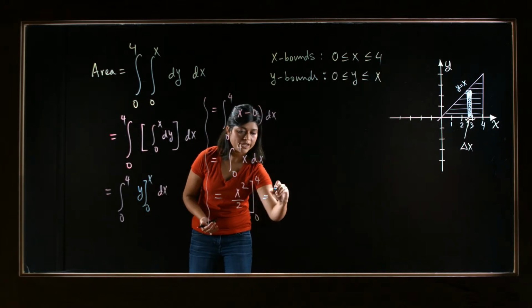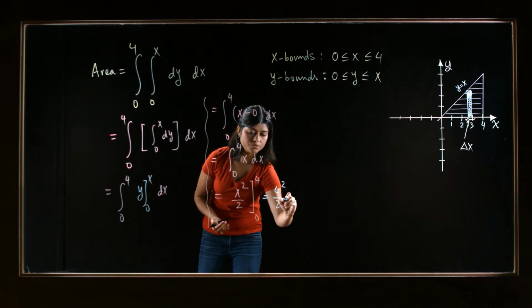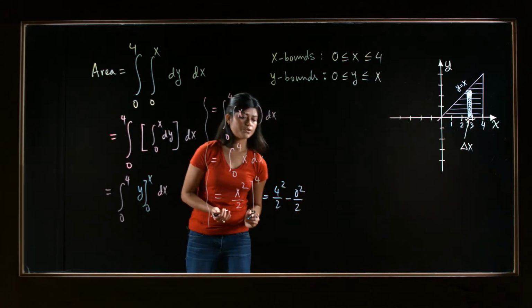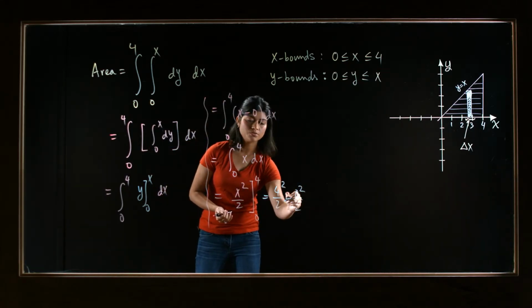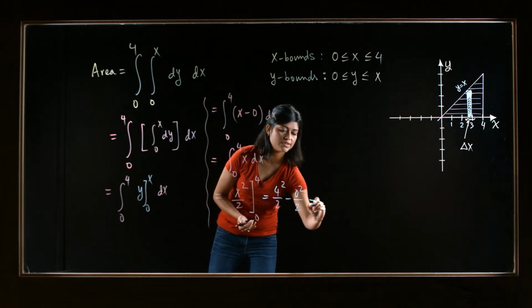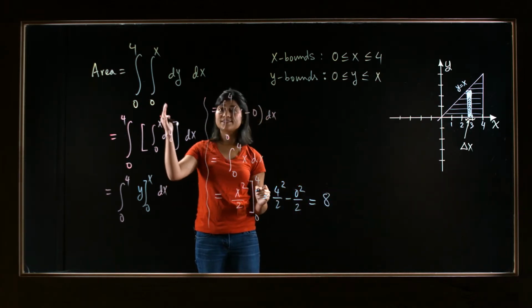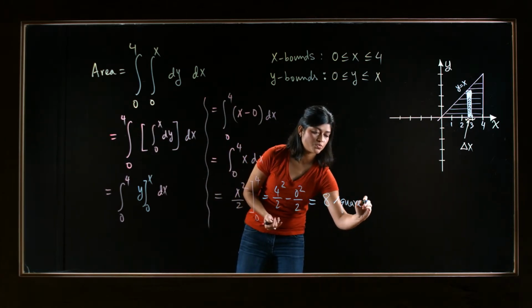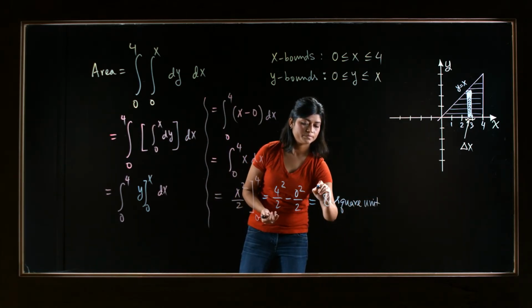So plug in 4 for x, you get 4 squared over 2, minus plug in 0 for x, you get 0 squared over 2. So this is just 0, and 4 squared is 16. 16 over 2 is 8. And since this is area, the area is 8 square units.